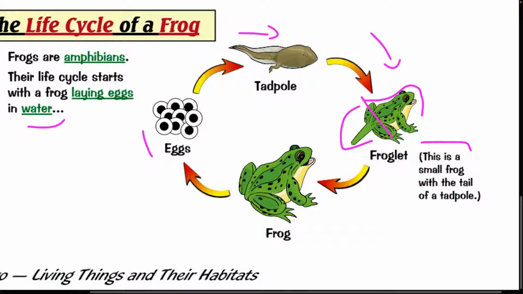So it means it's still in the process of development. Então você vê que ele está no meio do processo ainda de desenvolvimento, então por isso que a gente chama de froglet, ainda não é um frog. And then we go to the last part, which is frog. And then we have the full version here, right? And then after that, of course, it's the end of the life.